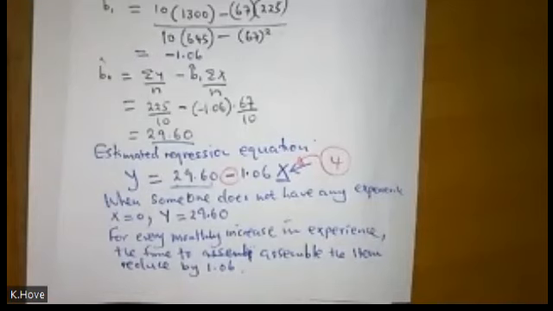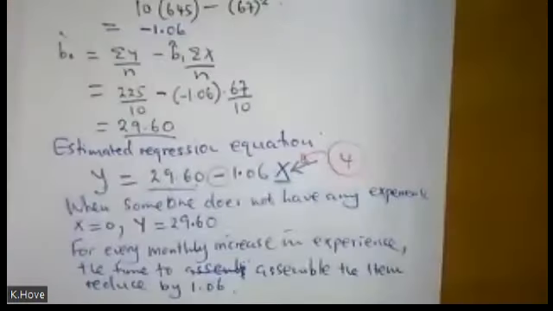Then we gave an assignment on the assumptions of the simple linear regression model. Then we went on to give a numerical example to try and explain the least squares regression technique.